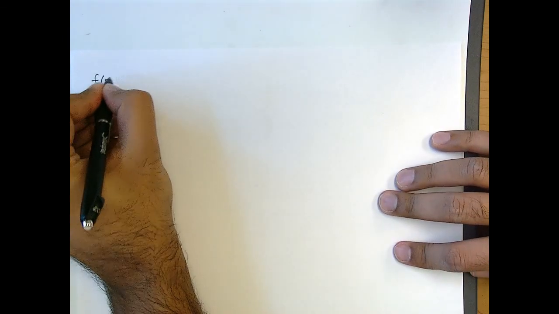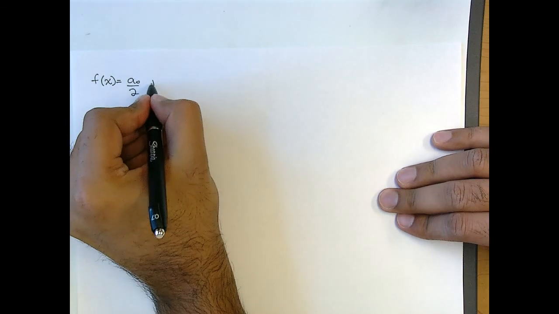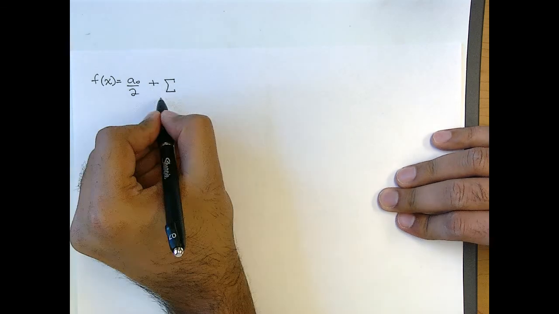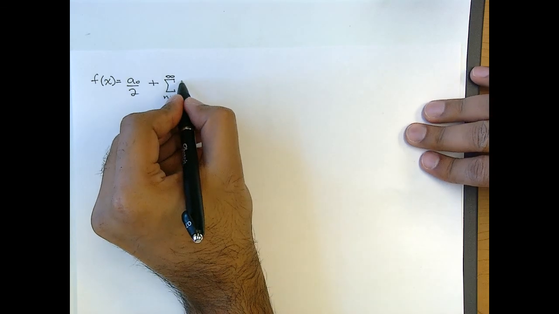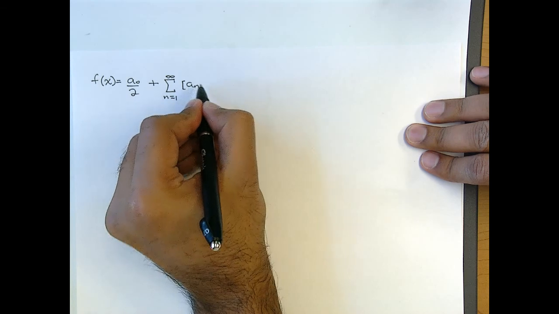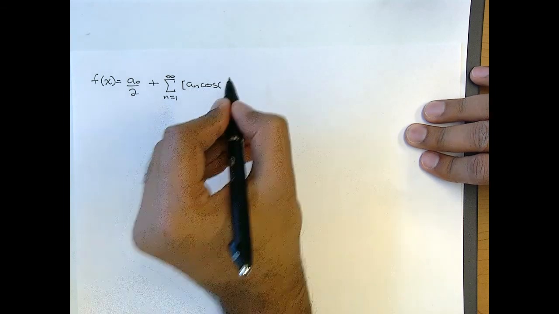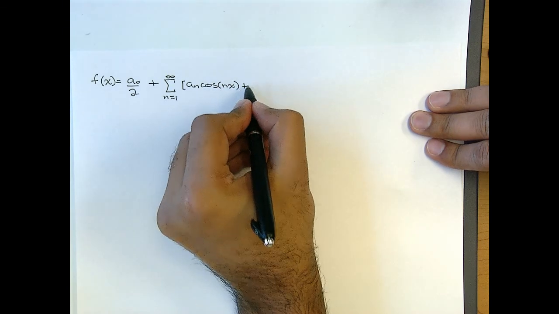Okay, so if I take my Fourier series, which is f of x equal to a0 divided by 2 plus the summation from n equals 1 to infinity of a sub n cosine of nx plus b sub n sine of nx.